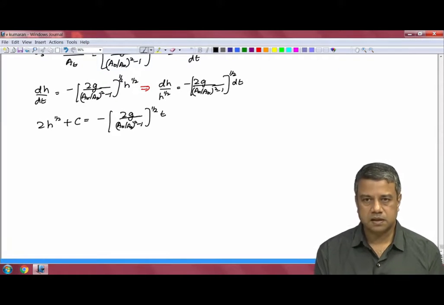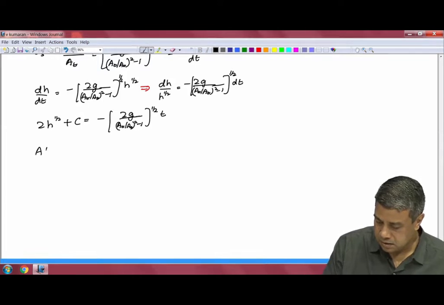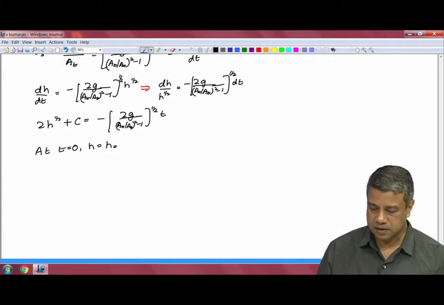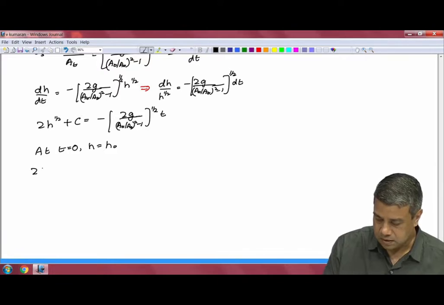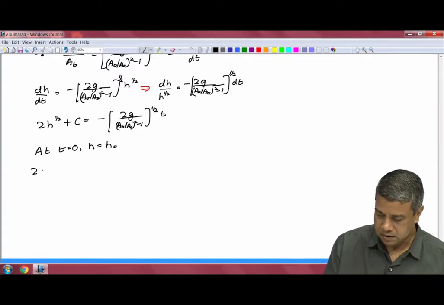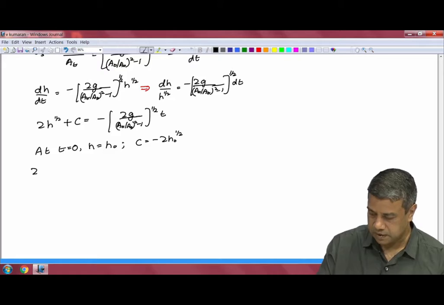That constant is determined from the condition that at t equal to 0, h is equal to the initial height, h naught. If I substitute this in, the constant c is equal to minus 2 h naught power half.